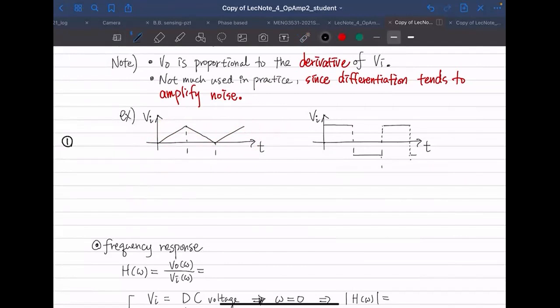Step number 1 is derivative. Step number 2 is flip the sign. And step number 3 is we apply some gain, RF times CS.